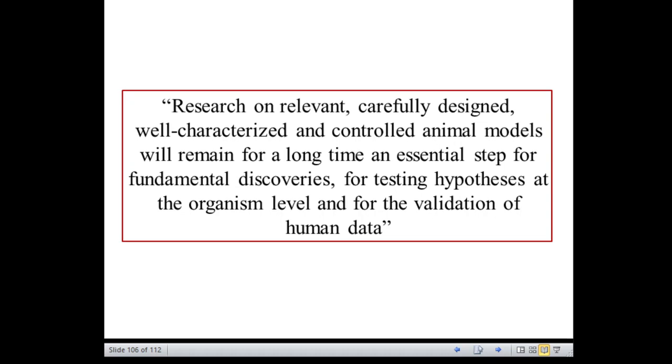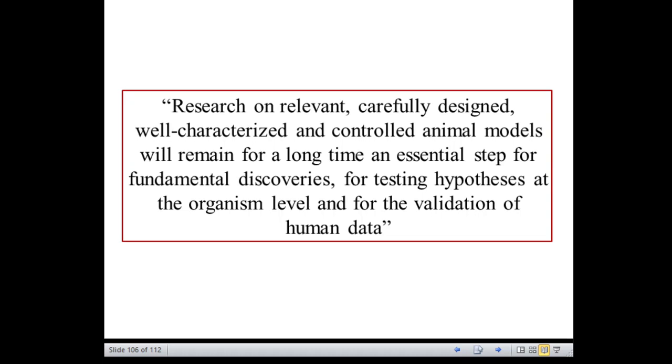So these can be done before applying the data or translating the data to humans. You need not directly test the hypothesis or do the fundamental discoveries on humans. It's not possible.